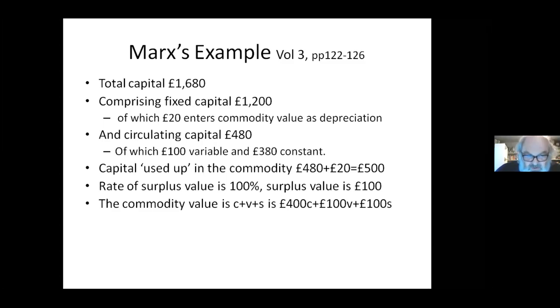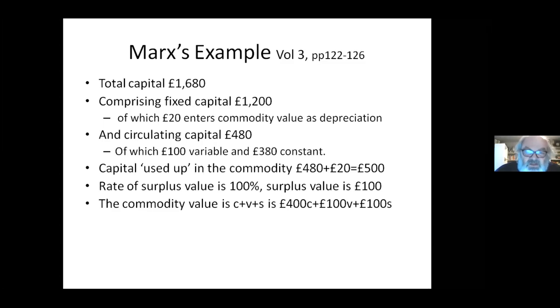Basically, you've got an element which is the fixed capital, 1,200. That's again our big machines, the infrastructure of the factory. And he says that of this fixed capital, some £20 is passed over into commodity value as depreciation. As it happens, that's a very low rate of depreciation.